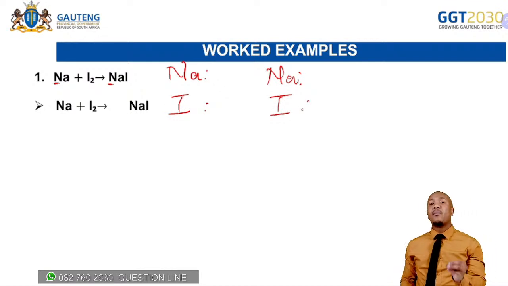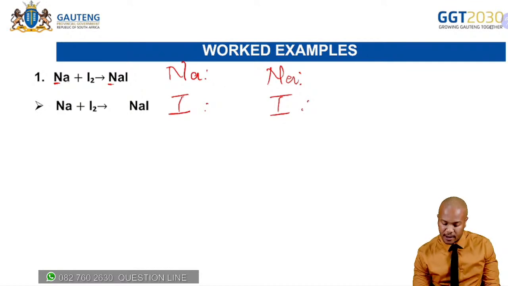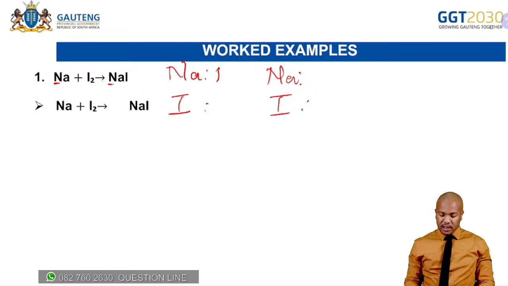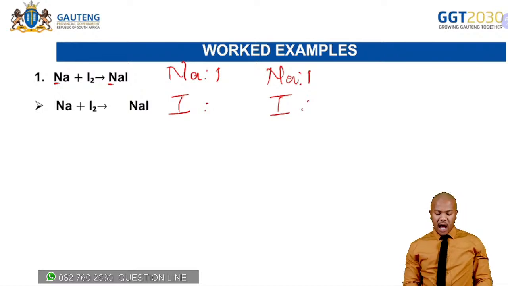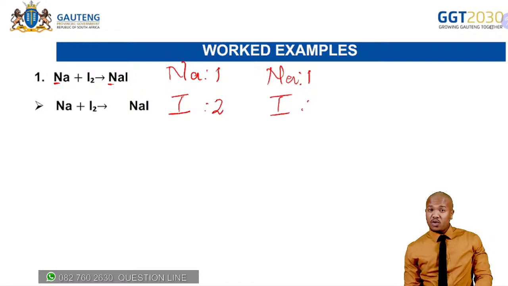Now, let's look at the number of atoms. We have how many sodiums here? We have one sodium. How many do we have on the product side? We have one again. Iodine, how many do we have on the reactant side? We have two. How many iodines do we have on the product side?